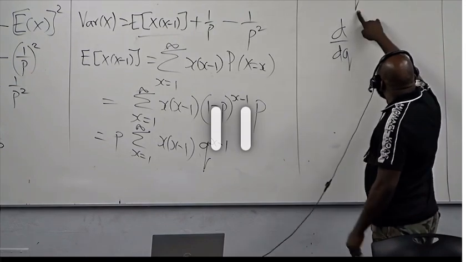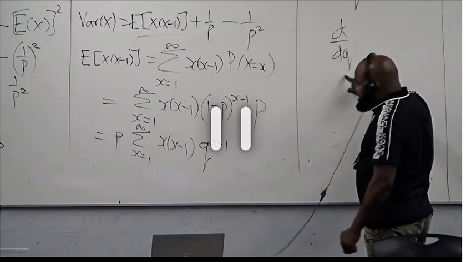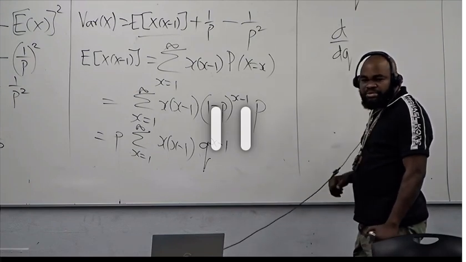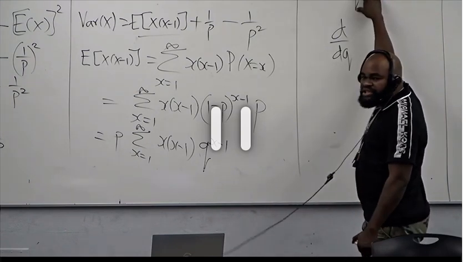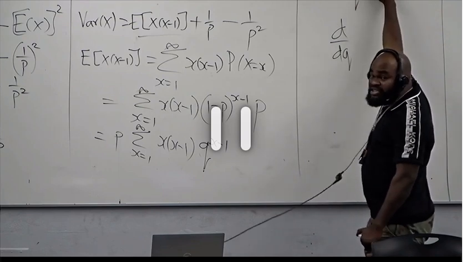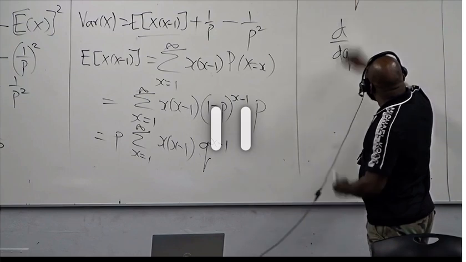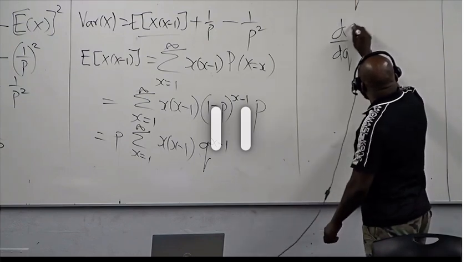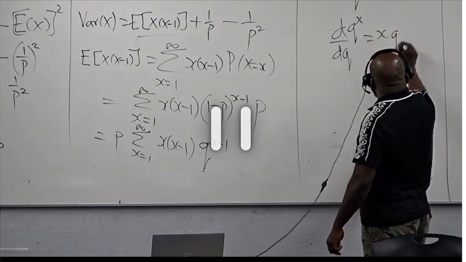The other time I wrote d dx, but I think it should be d dq. You know why? X is the random variable here, and Q is what we differentiate with. So d dq of Q to the X is going to give us this.